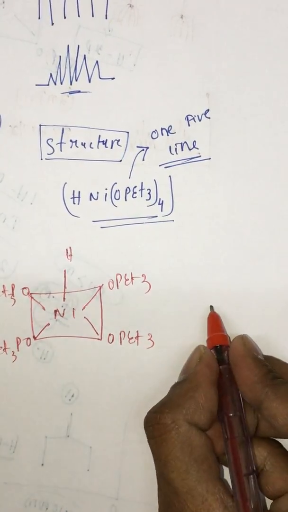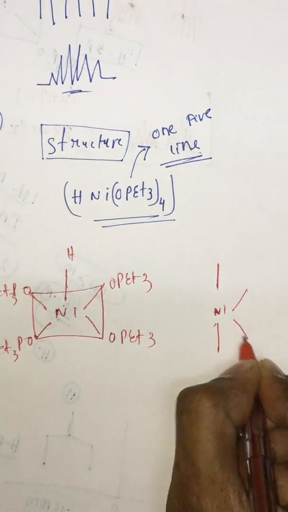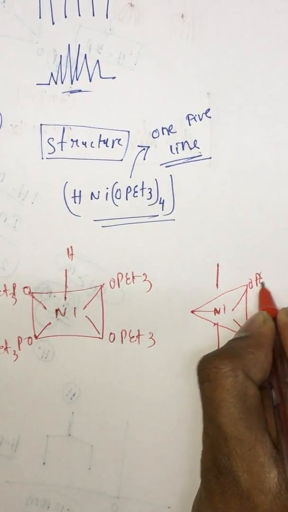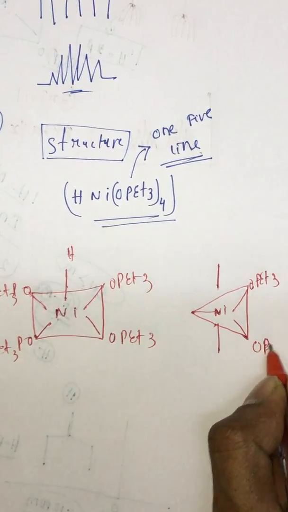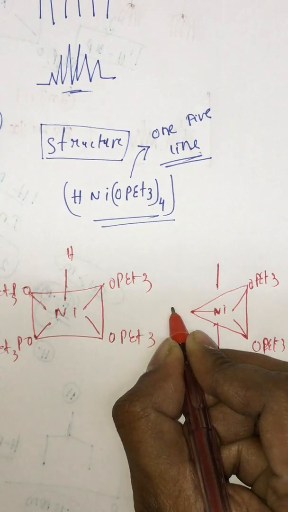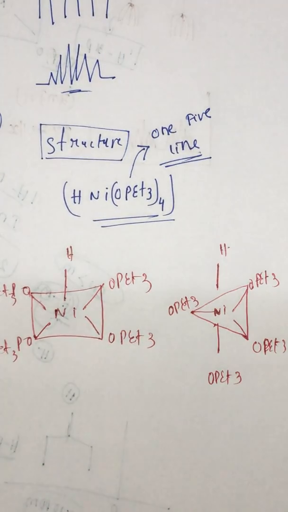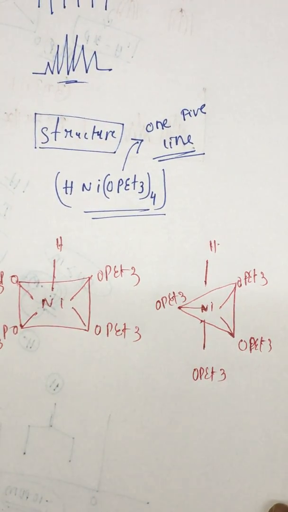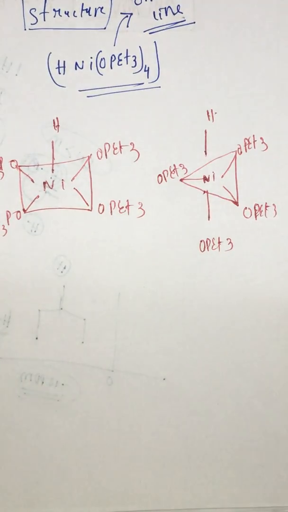And the second possibility is it can exist in a trigonal bipyramidal shape also, with P(OEt)3 groups and hydrogen. So now we will see in which structure we are getting a 5-line signal and in which structure we are not getting a 5-line signal.